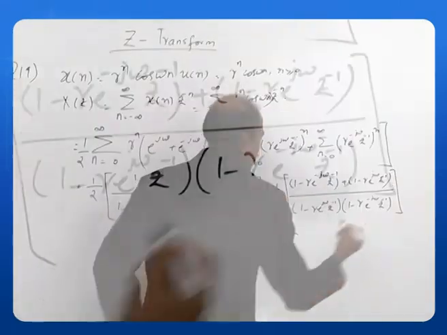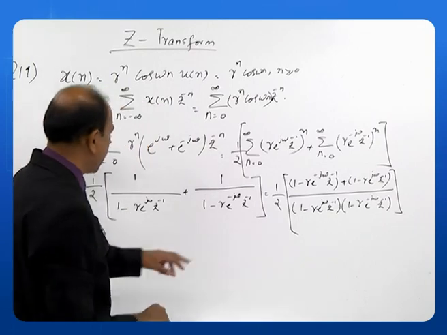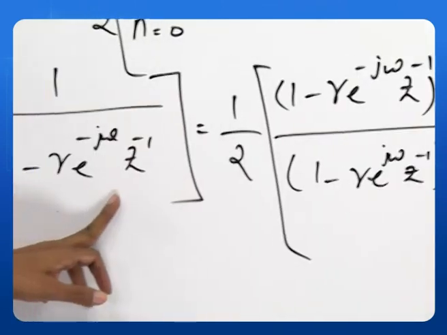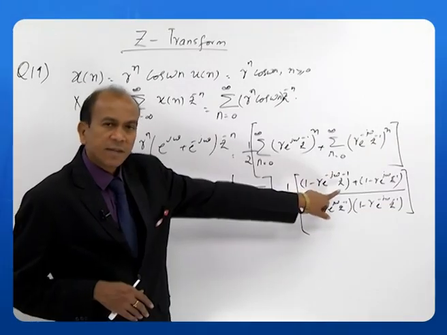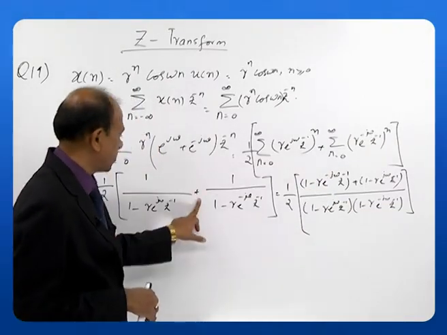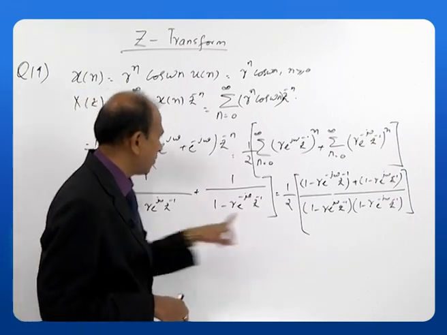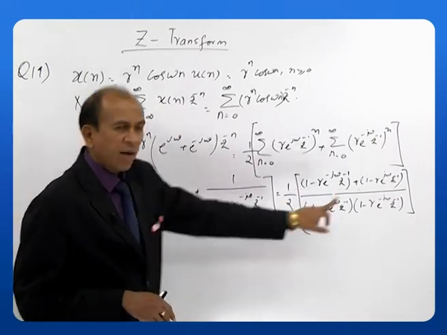Let us just check that we have done this correctly. We have to take the LCM. So, the numerator will be 1 minus r e to the power of minus j omega z to the power of minus 1, plus, because this plus sign is here, 1 minus r e to the power of j omega z to the power of minus 1.